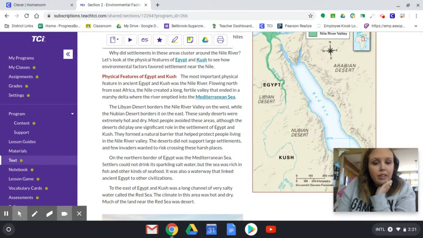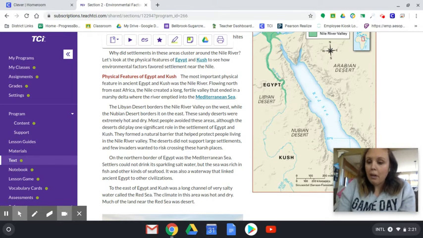The deserts provided a natural barrier, which we know is a good thing. It helps with protection. And the water resources supply drinking water, fishing, transportation, bathing. We went over that whole list yesterday, so you'll want to look at that.